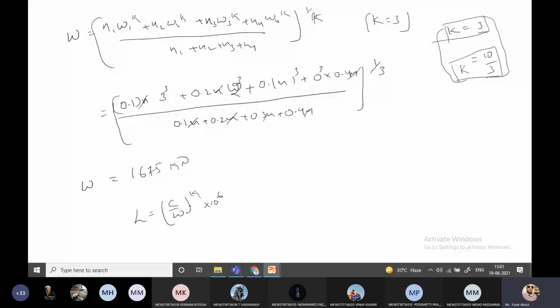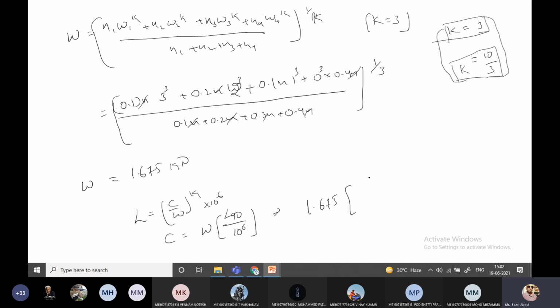With this, the question is asking to calculate the dynamic load rating for the bearing. Here C is the dynamic load rating, the basic load rating. C equals W, the equivalent radial load, into (L90 by 10 to the power of 6) to the power 1/K. Here the W value we just got is 1.675.